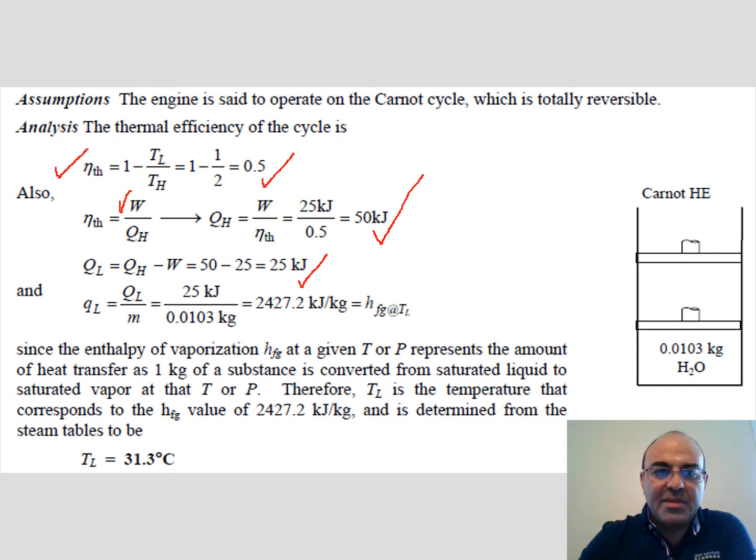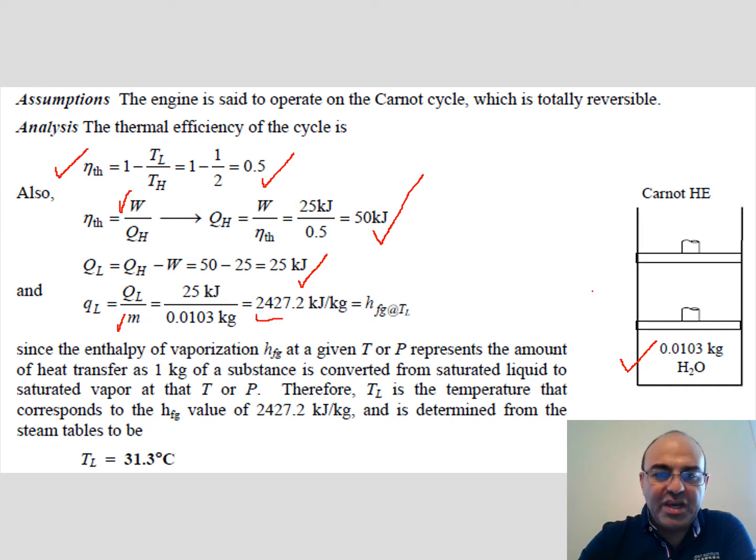Okay. Now, we divide it by the total mass of the steam in the heat engine. So this is our heat engine, it is like a closed system. But its volume changes, so it's a piston cylinder. So based on this, lowercase q, QL is equal to the total QL divided by the mass.